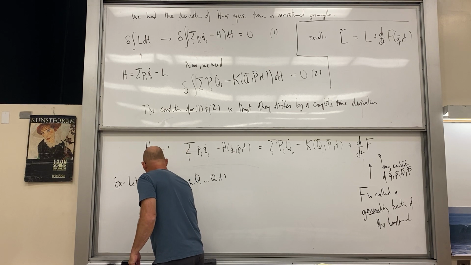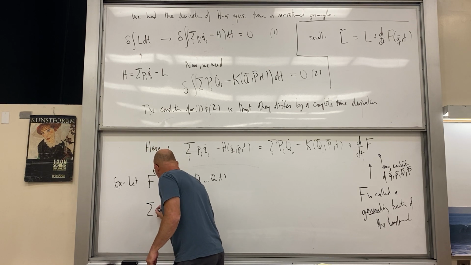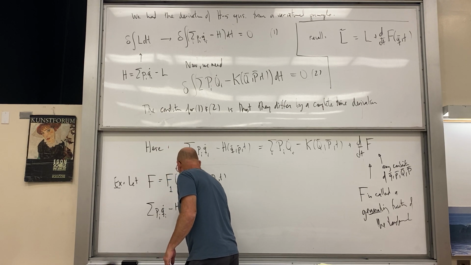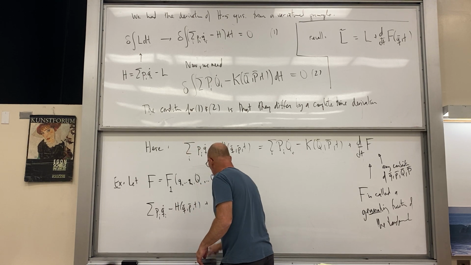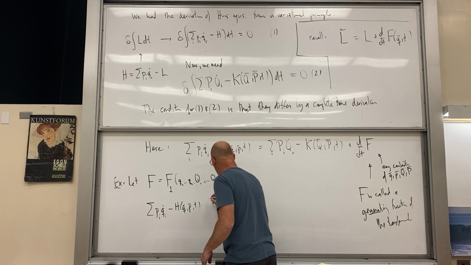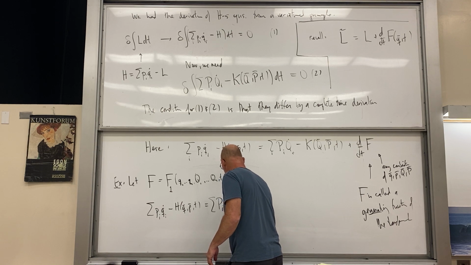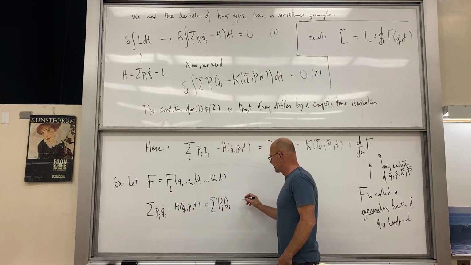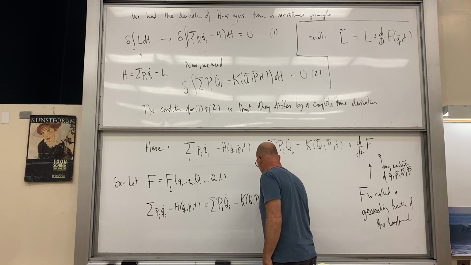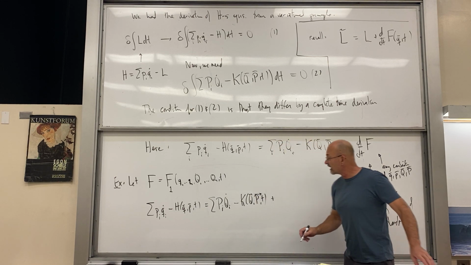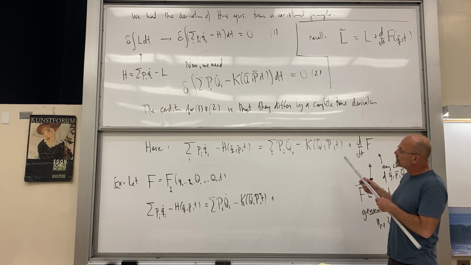So now we expand that out. Here we just copy what we have: the sum of p_i q_i dot minus H of old coordinates, momentum, and time, equals the sum over new momenta, new coordinates, minus K of q, p, and t. And now as far as this complete time derivative goes, we have to expand it out.